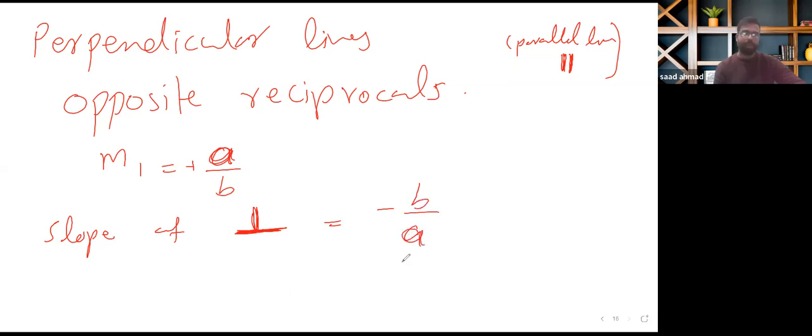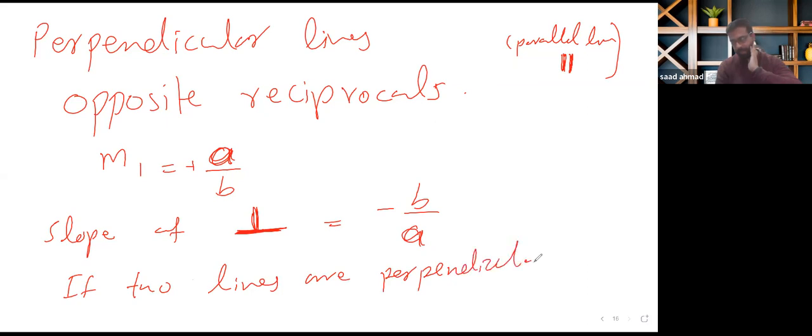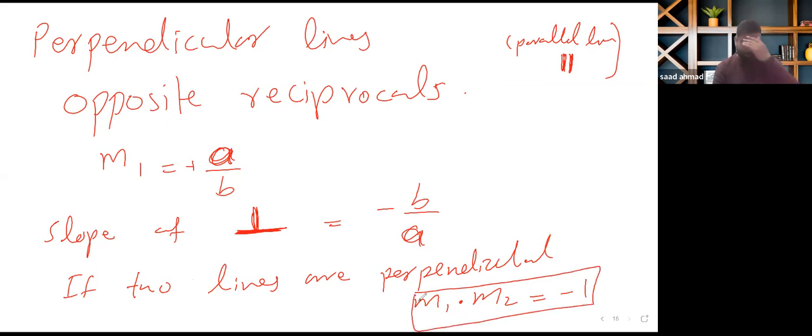There is another formula: if two lines are perpendicular, then m1, the slope of the first line, times m2, the slope of the second line, equals -1. So the product of the slopes of the two lines is -1.